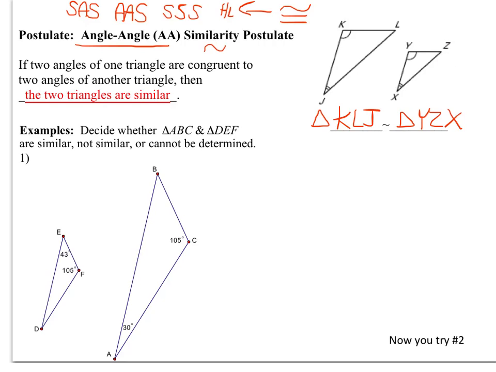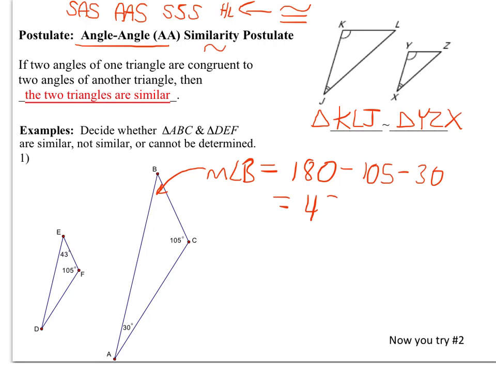Let's move on to the example. We've got two triangles. Let's decide if they are similar. So we have to show that two of the angles are congruent to two of the other angles. In the second triangle, the largest one, I can find the measure of angle B. We know that the interior sum of angles in a triangle is 180, so we can subtract off 105 as well as subtracting off 30 and get that the measure of angle B is 45.